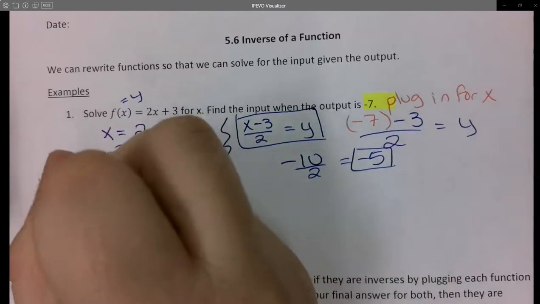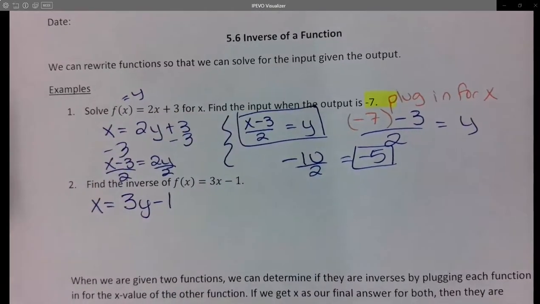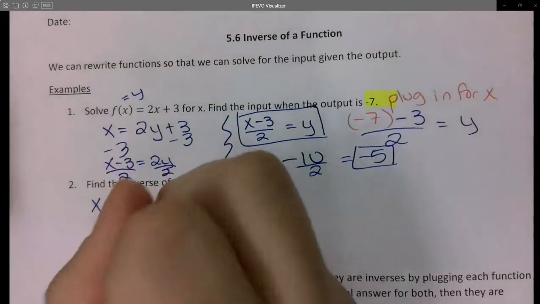So I'm going to make it x equals 3y minus 1. Then I want to add 1 to both sides.